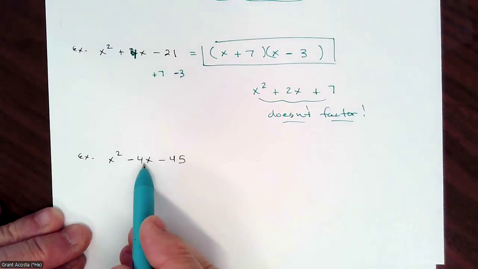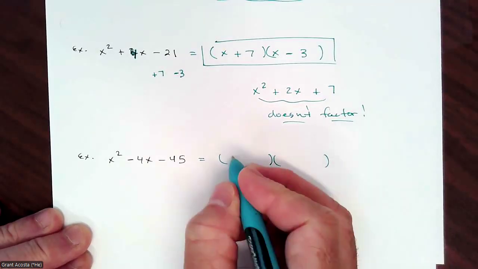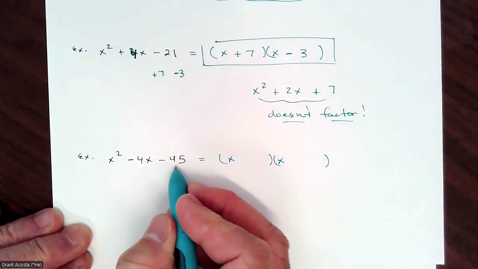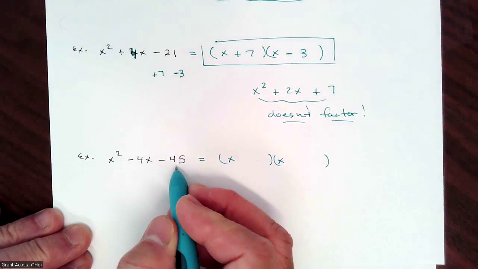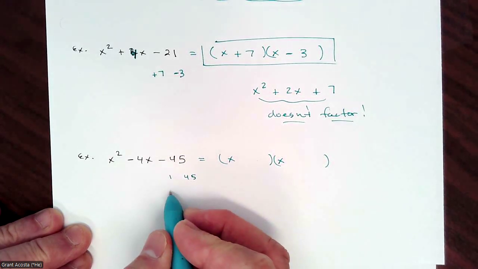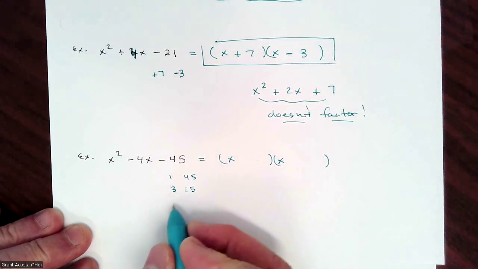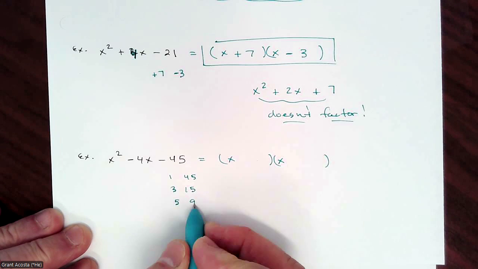Okay, so x squared minus 4x minus 45. So it's got to be x and x, two numbers that multiply to -45. So I've got to start thinking about the products, numbers that multiply to 45. 1 and 45, 3 and 15, 5 and 9.